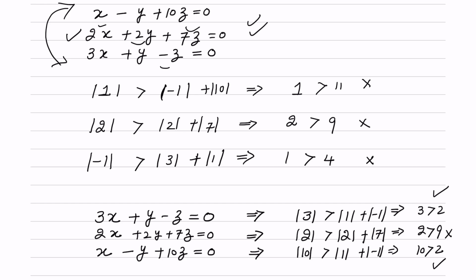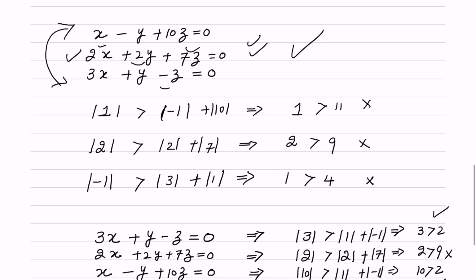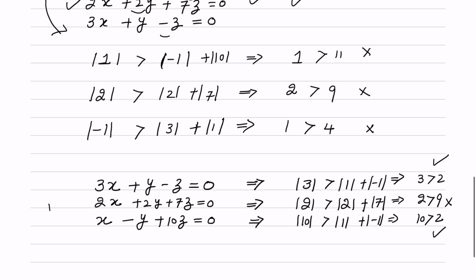So again, when we made the changes in this not diagonally dominant system, we got this system, and even after switching the places of the equations, we cannot make this system diagonally dominant.